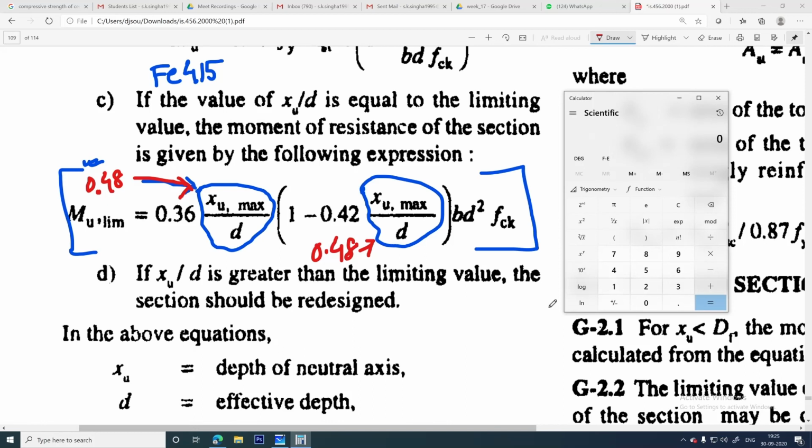So 0.42 into 0.48, so 0.2016. So 1 minus 0.2016. Now it should be multiplied with 0.48, that should be multiplied with 0.36. Look here, 0.137963, it is near about 0.138. So in this way I got this value.